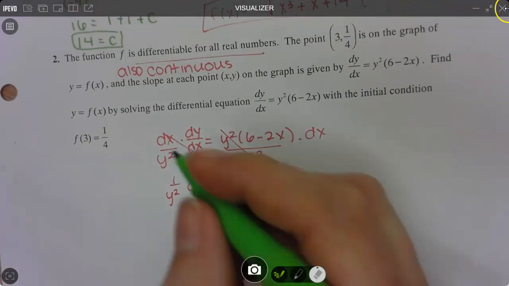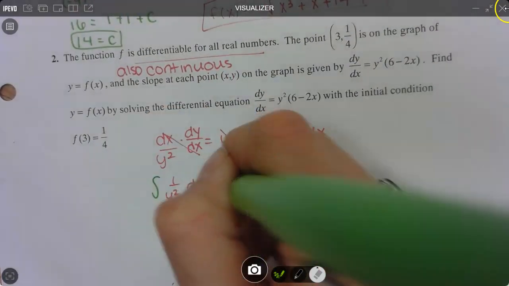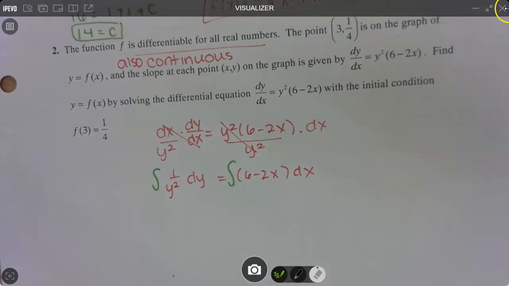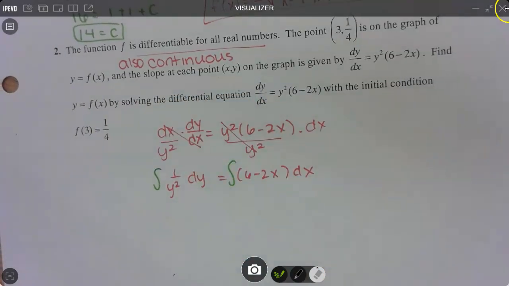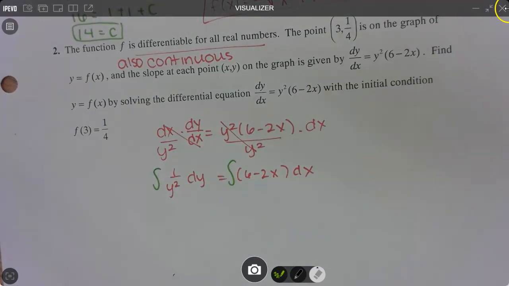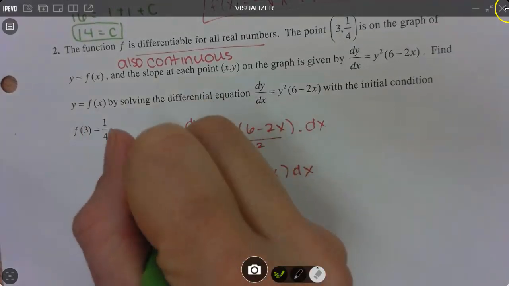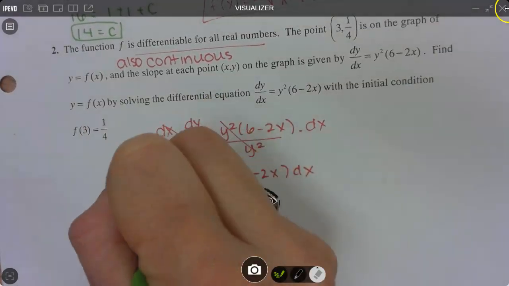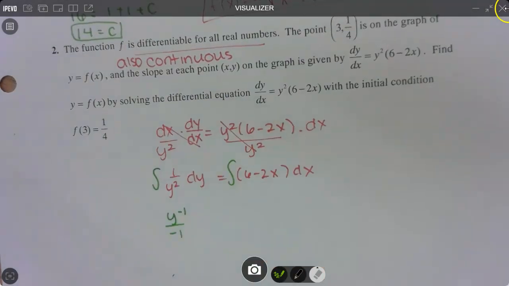Upon doing that, I'm going to integrate. So 1 over y squared is really like y to the -2. When you integrate, you're going backwards, so that becomes y to the -1 over -1.